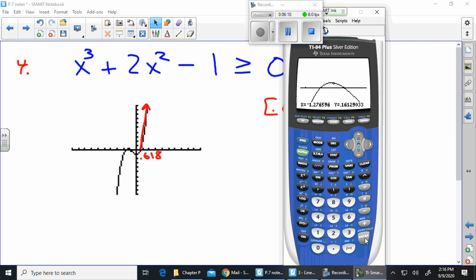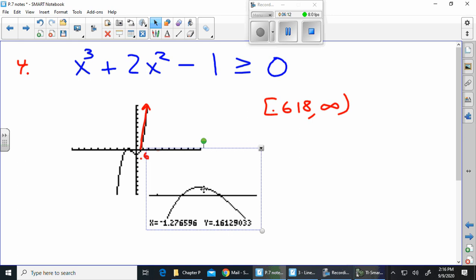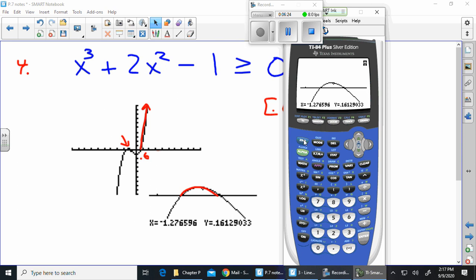So now you go back and you think, okay, when is it above 0? Well, from there to there, it's above 0 also, which I couldn't see in that picture. So then you do the same thing, just in that window, find those zeros, go to the left, go to the right. That is -1.618.